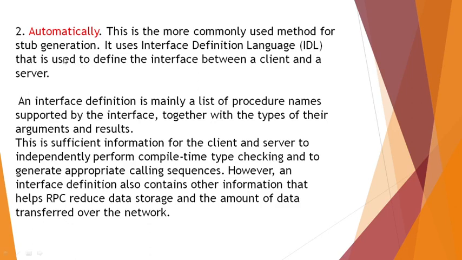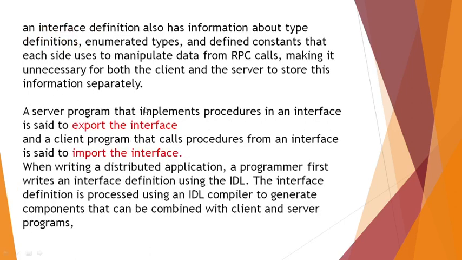And the second method is the automatic method, where we will use the IDL interface definition language, with which we will write the interface definition. That interface definition will be compiled by the IDL compiler.